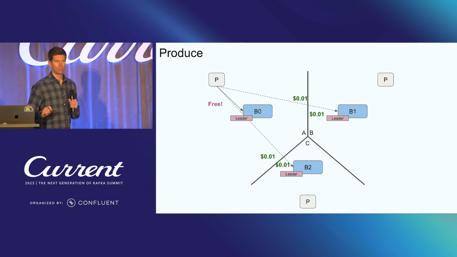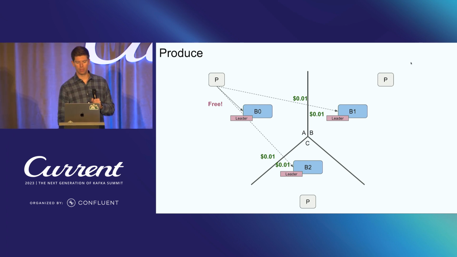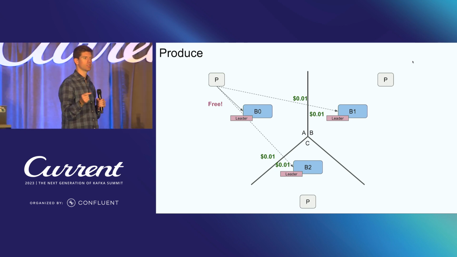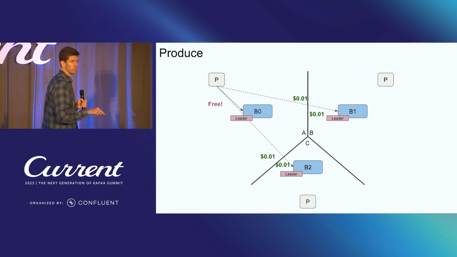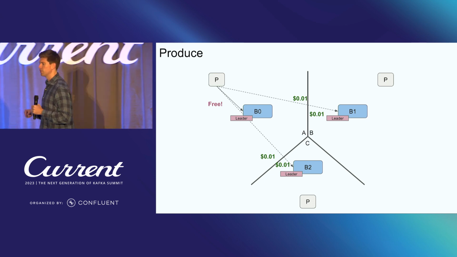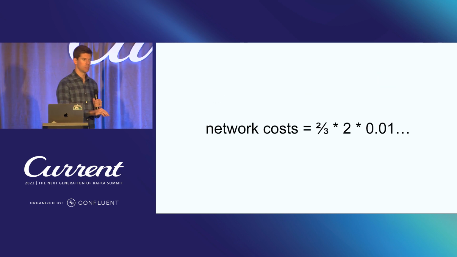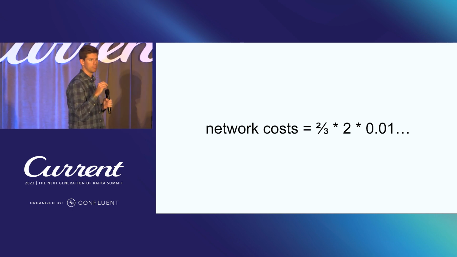Now, this happens 2/3 of the time, because I drew 3 lines and 2/3 of the lines are actually crossing availability zones. So you can generalize this and say network cost is 2/3 times 2 times 1 cent.